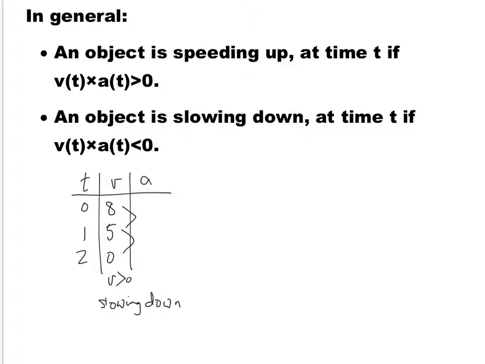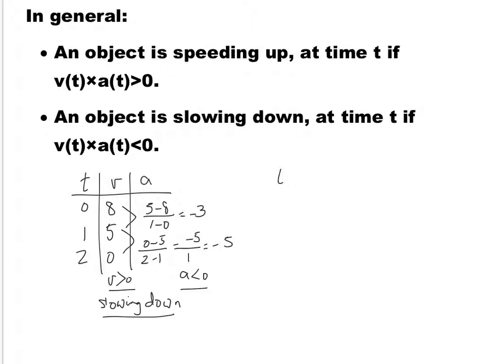Again, if we find the rate of change, or the slope of the velocity, we get 5 minus 8 over 1 minus 0, which gives us negative 3. The next case, 0 minus 5 divided by 2 minus 1, gives us negative 5 over 1, which is negative 5. You can see that the acceleration is negative. This is the case where the velocity and the acceleration are of different signs and the object is slowing down.